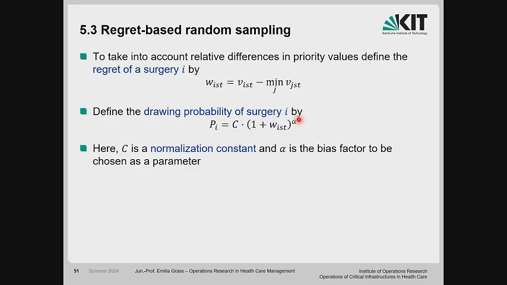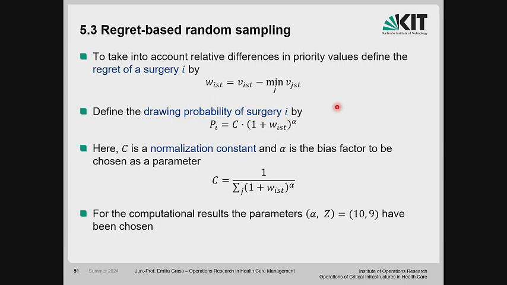And C is simply a normalization constant, because I would like to have probabilities between 0 and 1 so that they sum up to 1 at the end. But the interesting part is how to choose alpha, so how heavily I would like to penalize the regret.